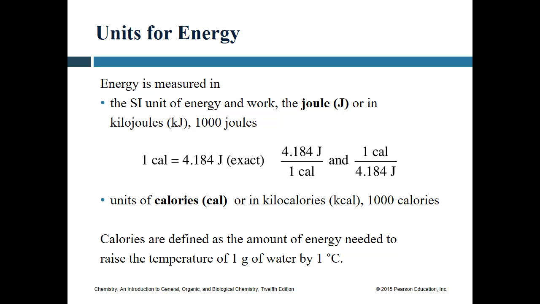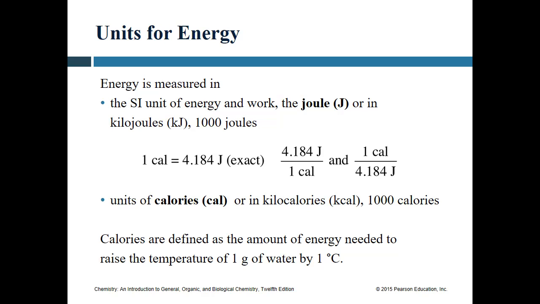Calories are defined as how much energy it takes to raise 1 gram of water by 1 degree Celsius. Joules are derived out of the International System of Units. So that's why we have the two different unit systems. That's how they're related to each other.